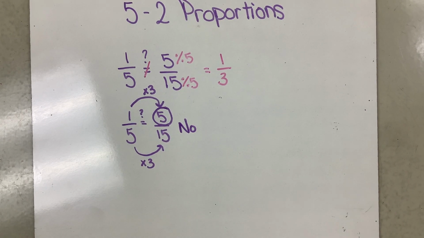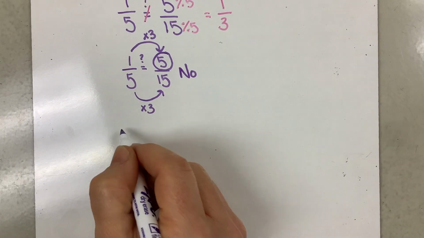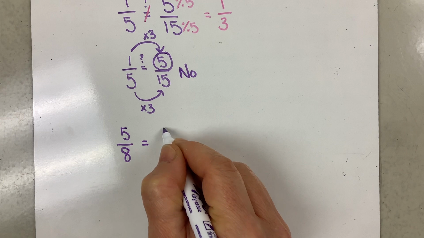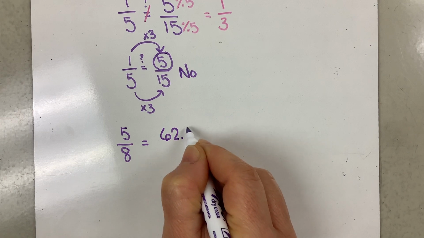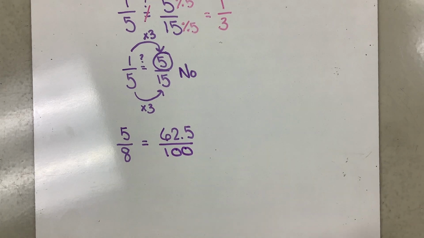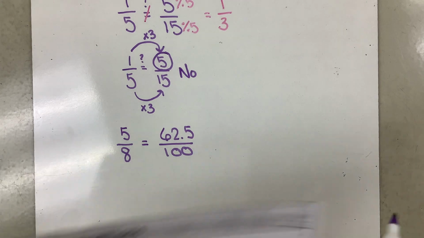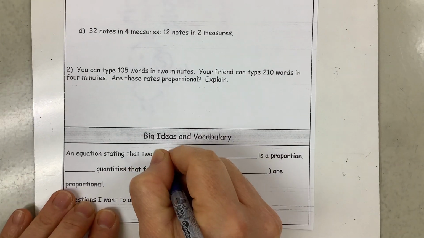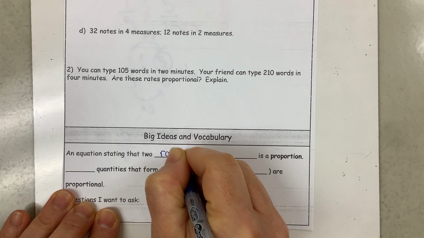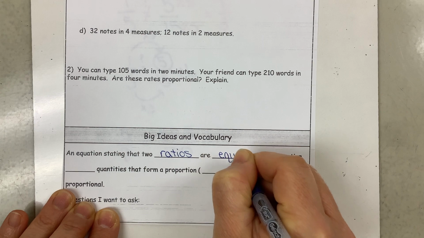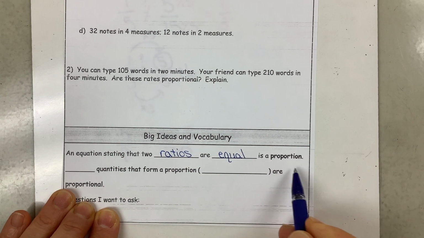If you look at the next one, I have 5/8 and I want to see if it's proportional to 62.5 over 100. Okay? So we're going to take a look real quick down here. An equation stating that two ratios are equal is a proportion.